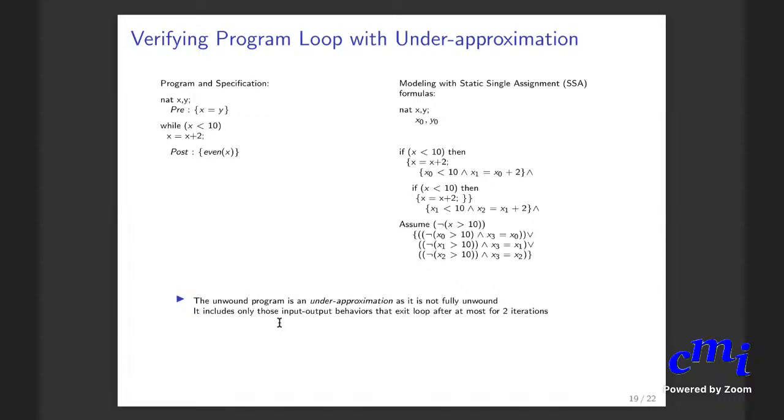It includes only those input-output behaviors for which the loop gets exited after at most 2 iterations. Yeah, so this could be used: if you find something false for this under approximation, then definitely it does not work. But if you find something true, yeah. So that was the answer that I was expecting.